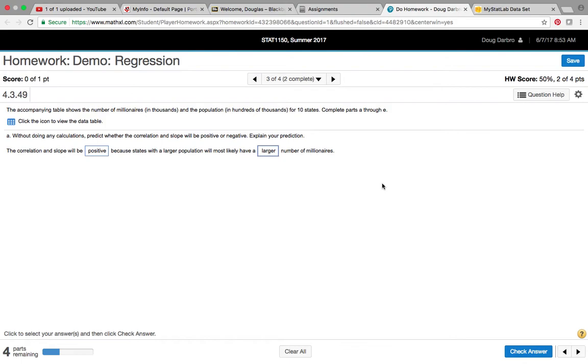Okay, I got you. But think it through with me. If you have a state theoretically of 5 people and another one of 50 million people, that's a big state, but where are you more likely to have more millionaires? Well, obviously in the state with more people.